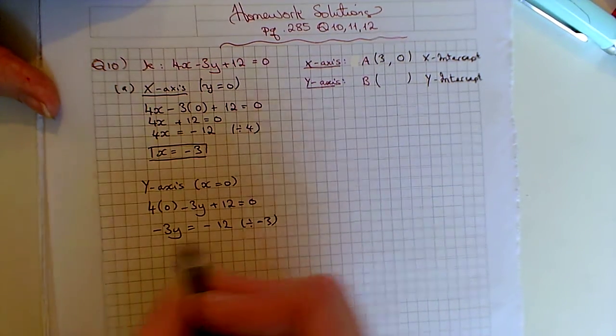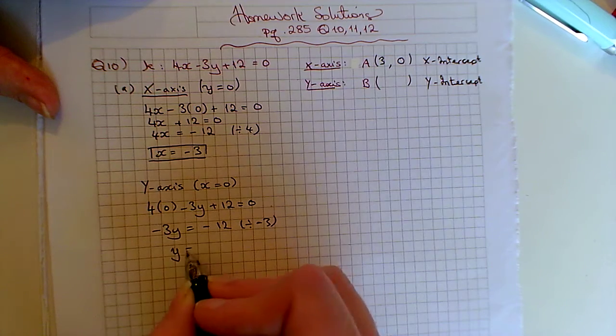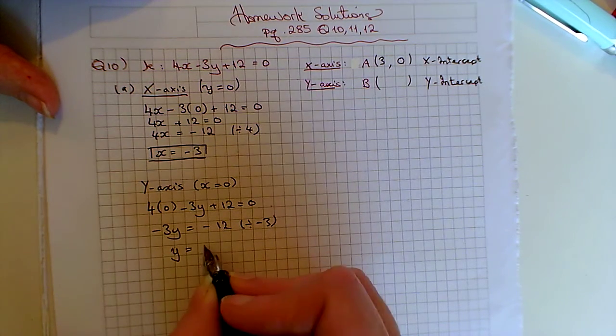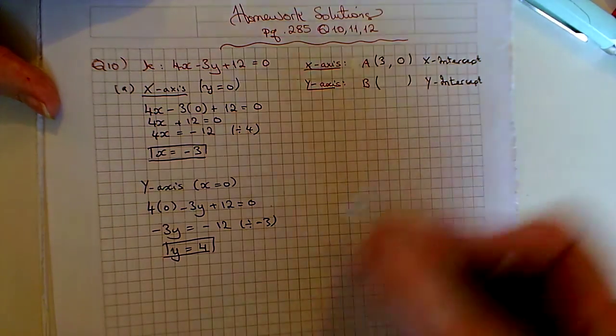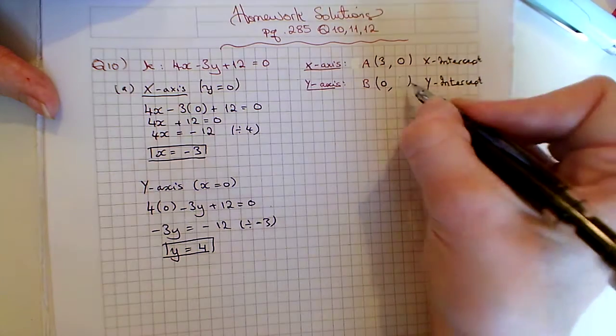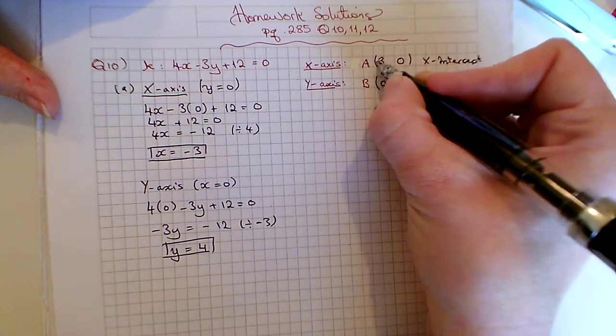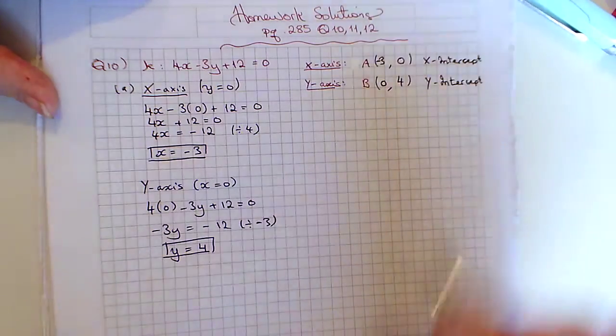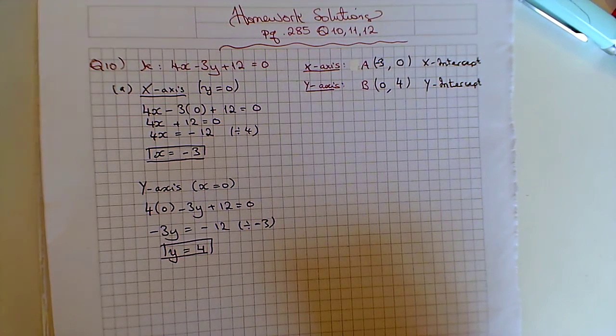Divide across by the sign as well. So y is equal to minus divided by a minus is plus, 12 divided by 3 is 4. So the x part of this coordinate is 0, and the y part is 4. Be careful there, that was a negative 3. So those are the points where my line cuts the x and y axis.